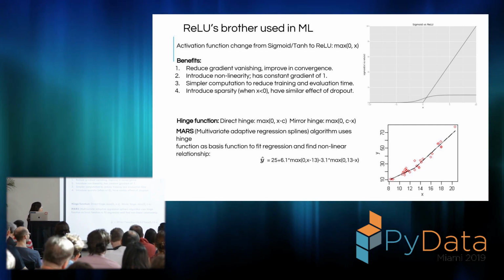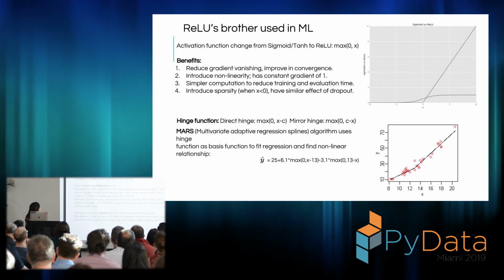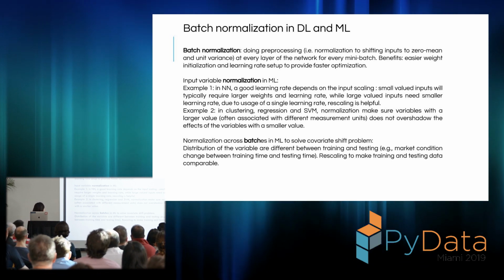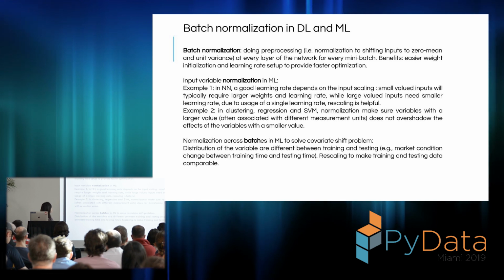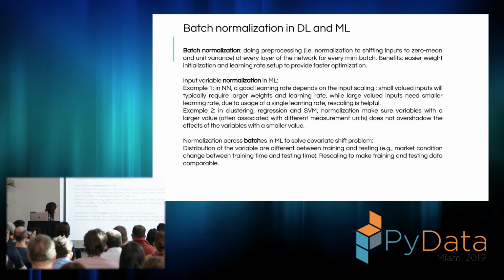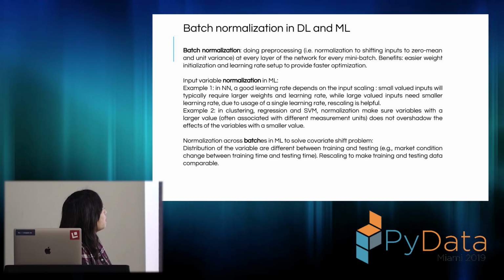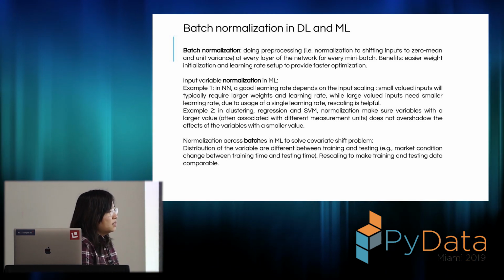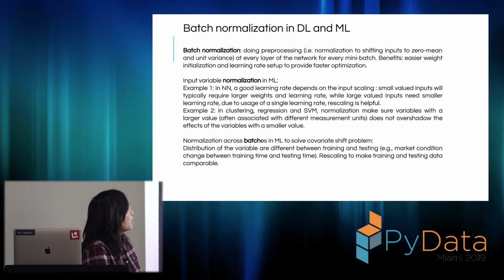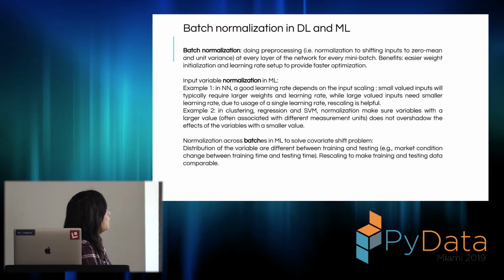So that's why people had to introduce another method called batch normalization to deal with this blowing up problem. What batch normalization does is, in a deep neural network, we do pre-processing, basically normalizing to zero mean and unit variance at every layer of the neural network for every mini batch. The benefits, as I said, is first invented to deal with the blow-up problem. Also, it can provide easier weight initialization and learning rate setup if we use it.